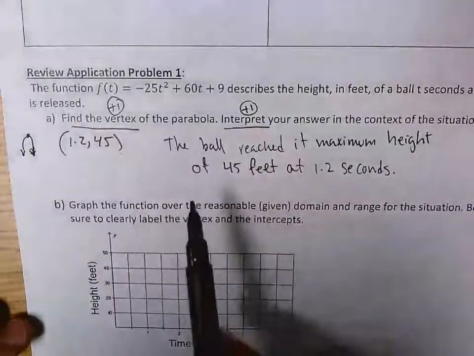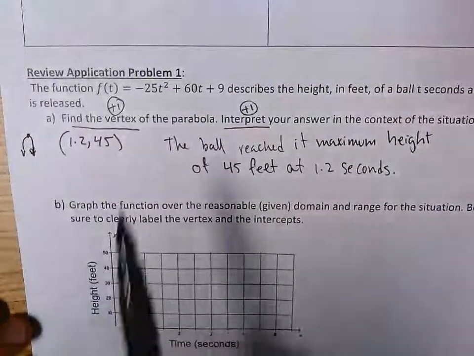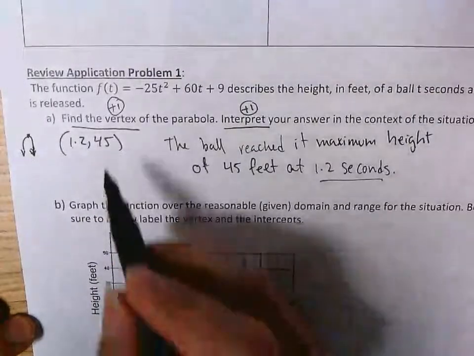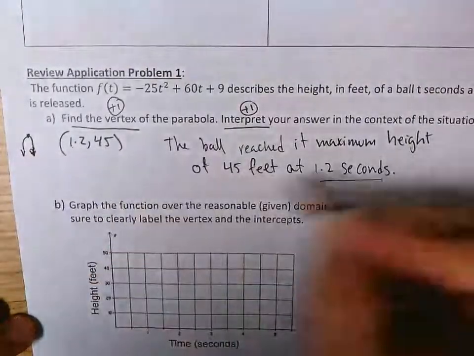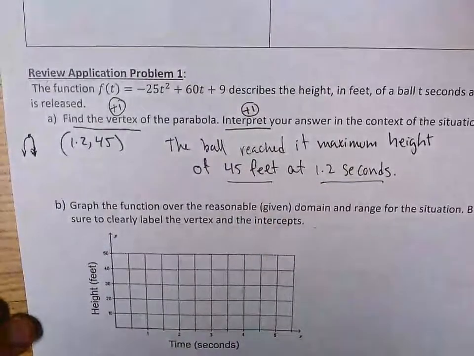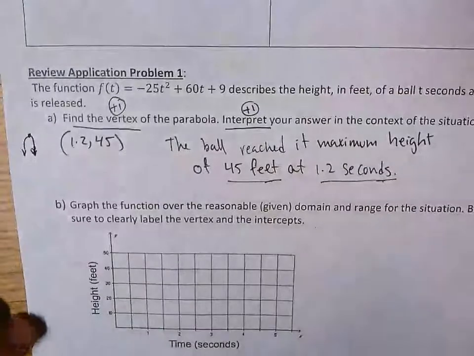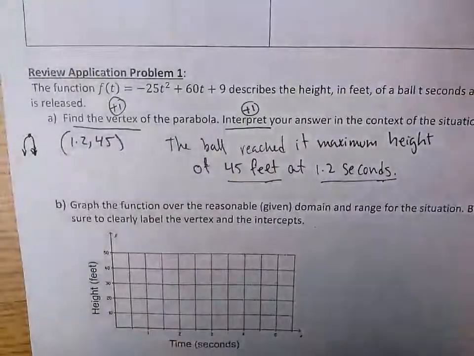And notice how I am interpreting every single part of the vertex. I'm saying that 1.2 represents the seconds, and 45 is my maximum. That's also there. And also notice that I am including units. Please do not forget to include your units. Okay? So that's it for this first part.